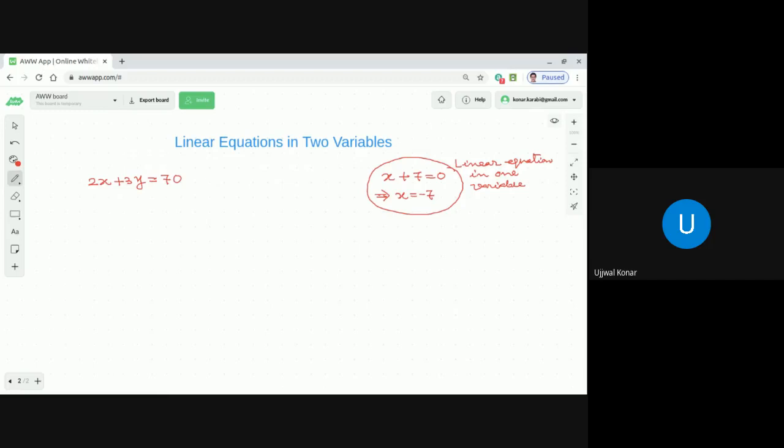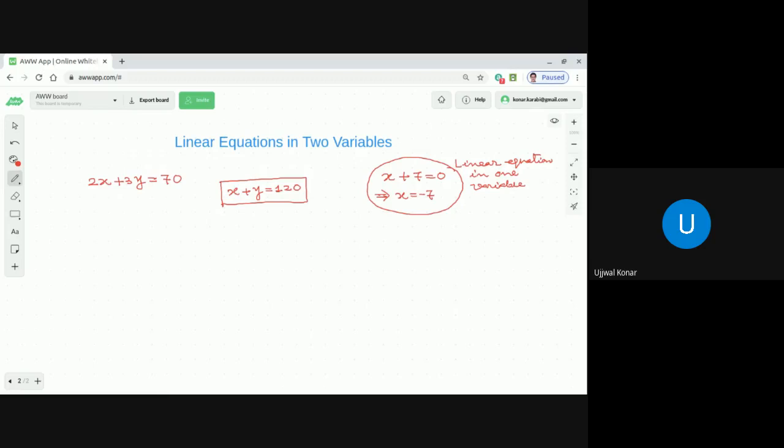We can represent it as x plus y is equal to 120, where x and y are two unknowns. That means x is the marks obtained by the first student and y is the marks obtained by the second student. Now, as there are two variables involved, this kind of equation is known as linear equations in two variables.